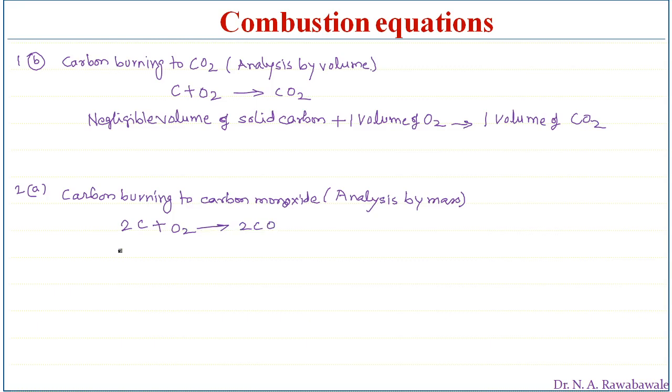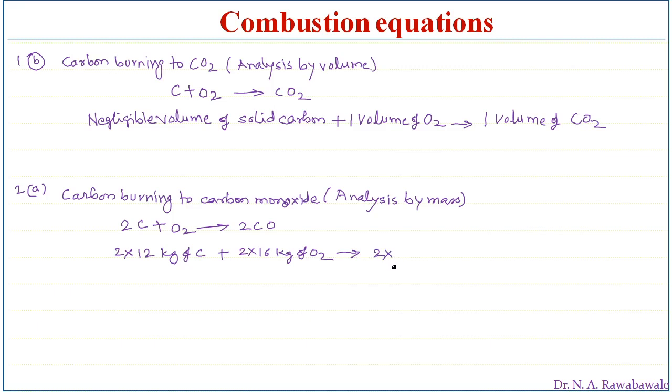On the mass basis, 2 into the molecular mass of carbon, which is 12, so 2 into 12 kg of carbon combines with 2 into 16 kg of oxygen, that is 32 kg, and produces 2 into carbon monoxide.